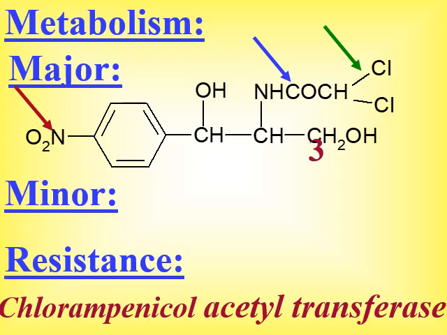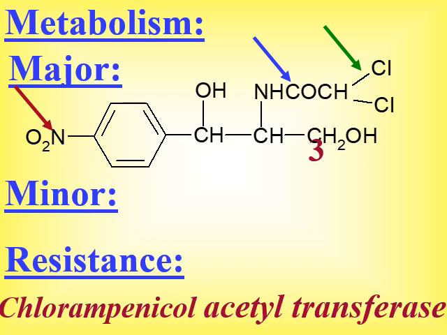Also, we have minor metabolism: as you see, the nitro group here can undergo reduction, and also we have the amide, so it can undergo hydrolysis of the amide, and we have 2 chlorines, which can undergo dehalogenation.